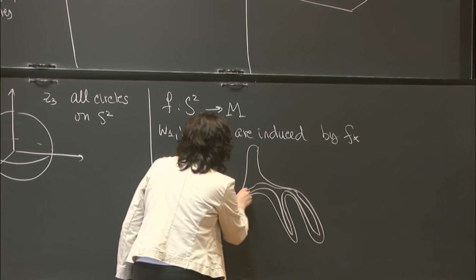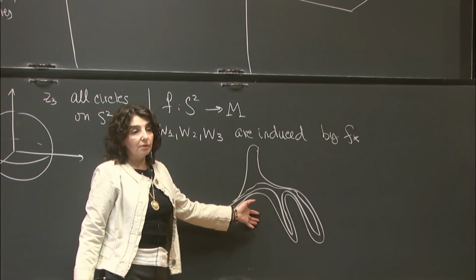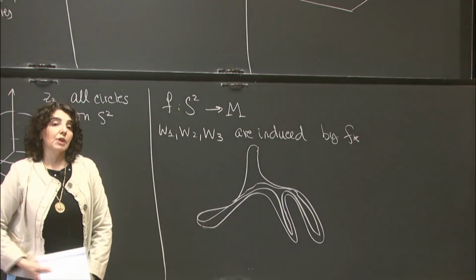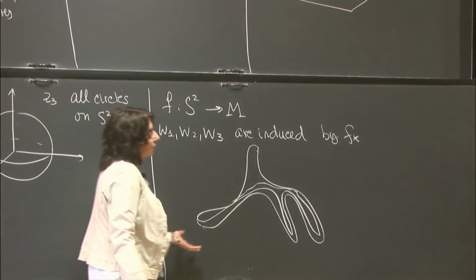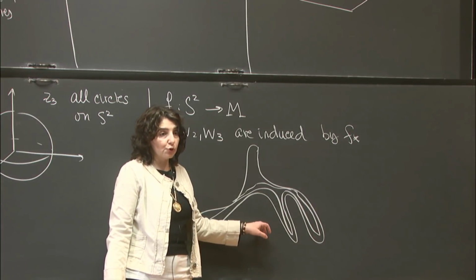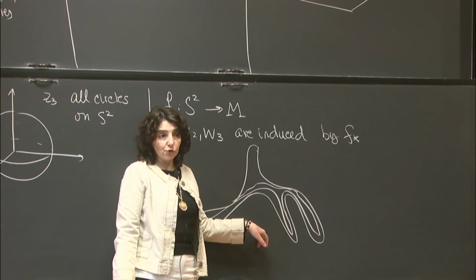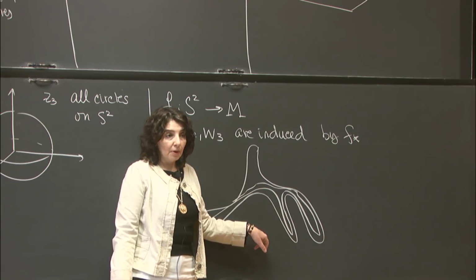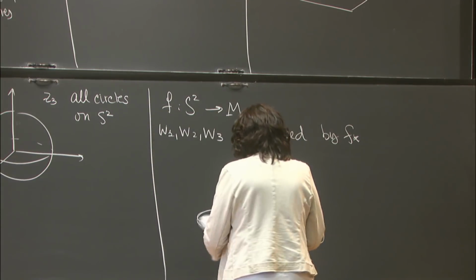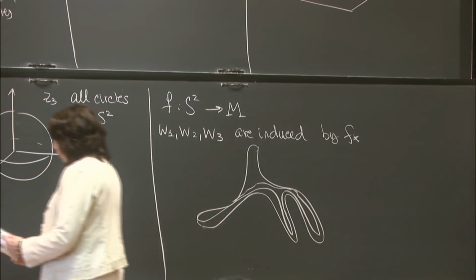Maybe one of the curves will look like this. So I'm going to have some fairly long curves there. At least from the beginning, we don't know how to control the length of those curves. If we could control the length of those curves, that would give us the upper bounds for the length of periodic geodesics.